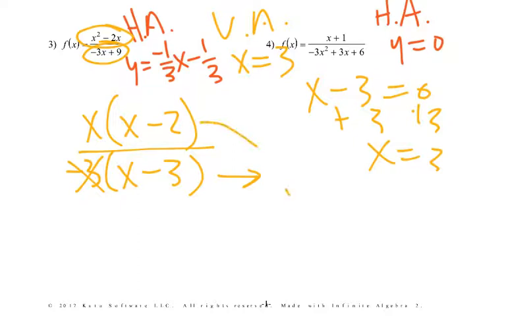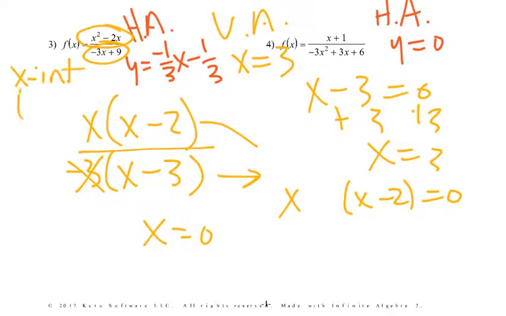Okay, take the top, so we split it up, so there are 2 x-intercepts, which can happen. So we get x equals 0, so an x-intercept at 0, 0, which would tell us that's also a y-intercept, because it crosses at the origin.